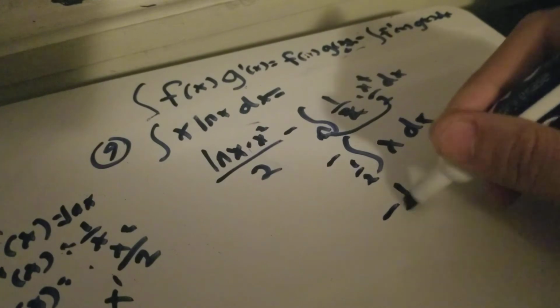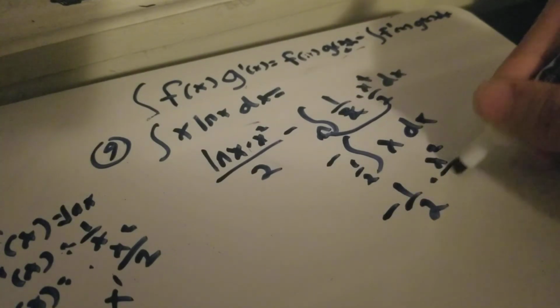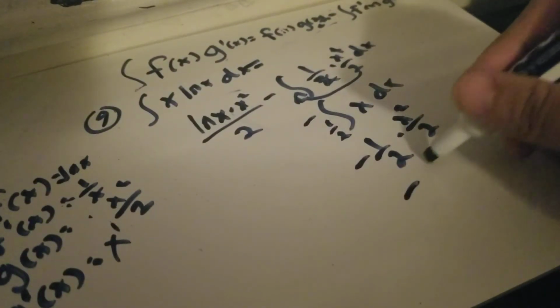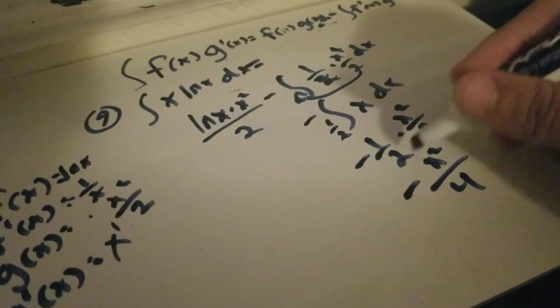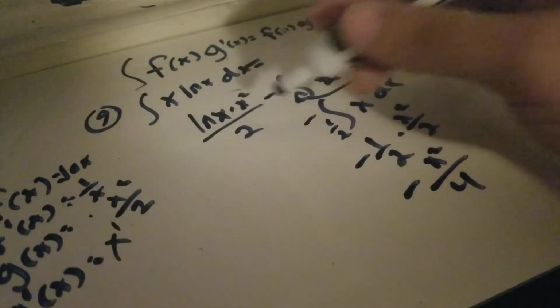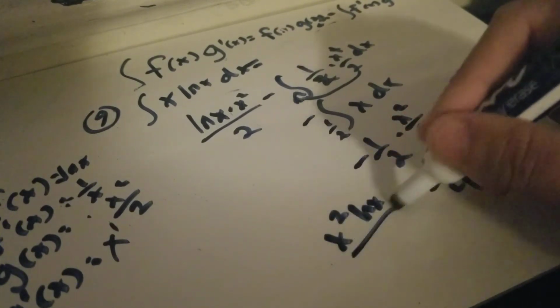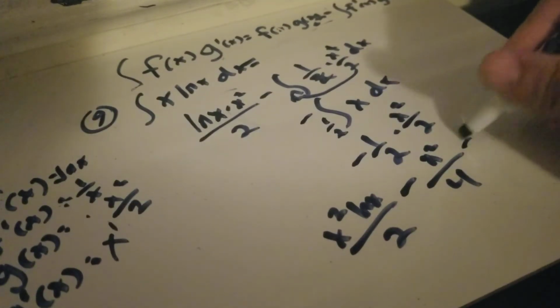So that's minus 1/2 times the antiderivative of that, which is x squared over 2. And then that's going to be x squared over 4, because 2 times 2 is 4. Over here, I'm just going to rewrite it as x squared ln x over 2, plus c.